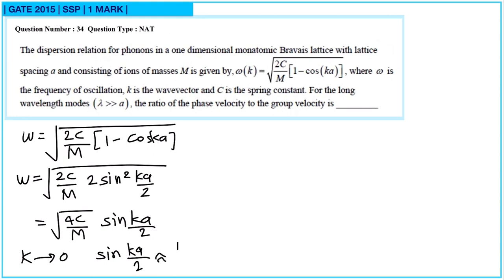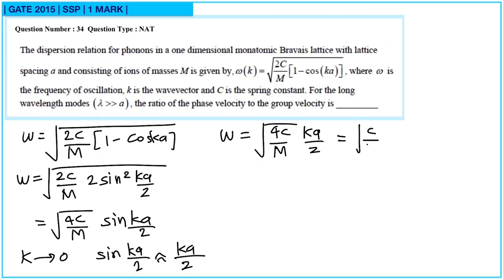So sine theta is nearly equal to theta. This will be the case. That means omega is equal to under root 4c by m into ka by 2. So this root 4 and 2 will cancel out. So this will be under root c by m into ka.